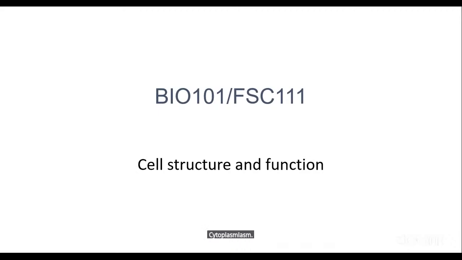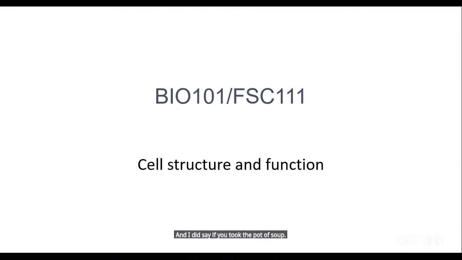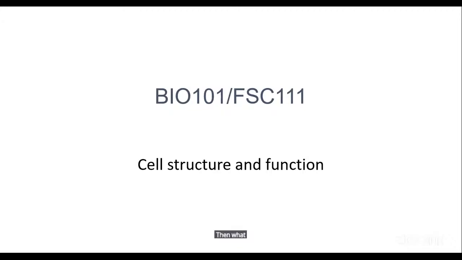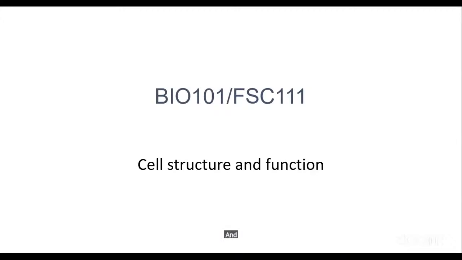And I did say, okay, somebody made the egusi soup for us that day. And I did say, if you took the pot of soup and you turned it into a strainer, then what is retained in the strainer are the solid parts, which is the organelles. And what is strained out is the liquid part we call the cytosol.